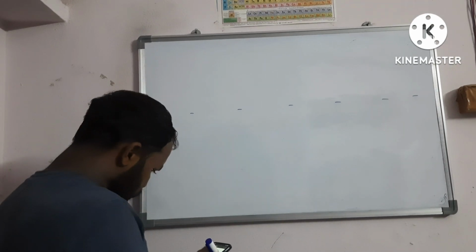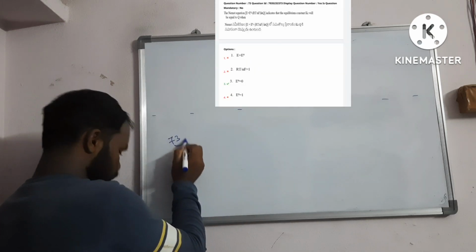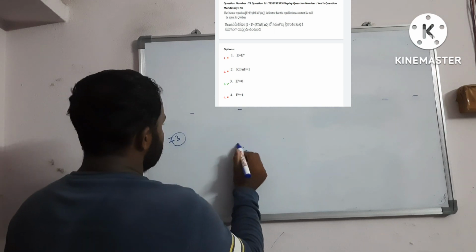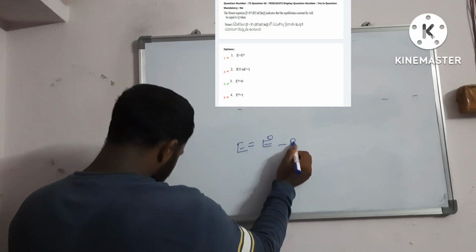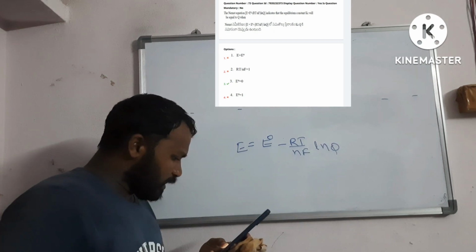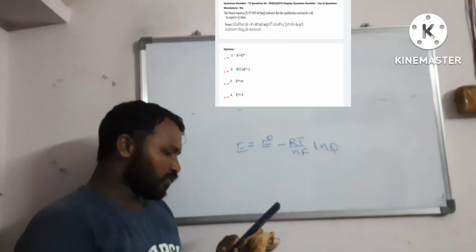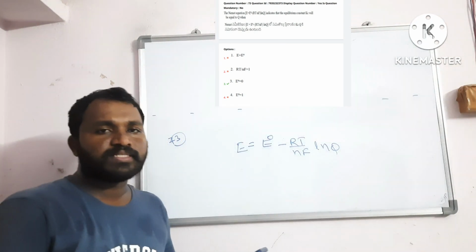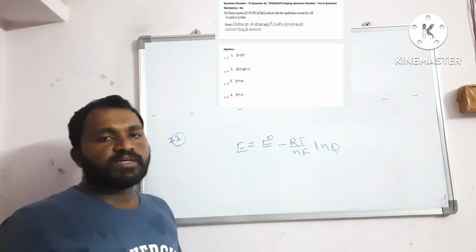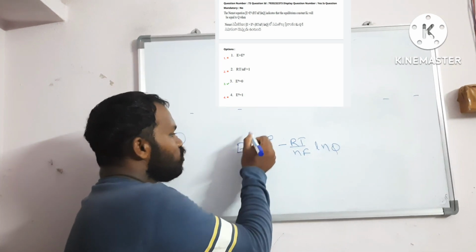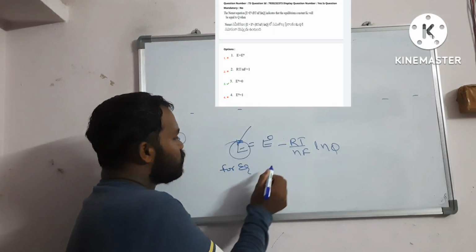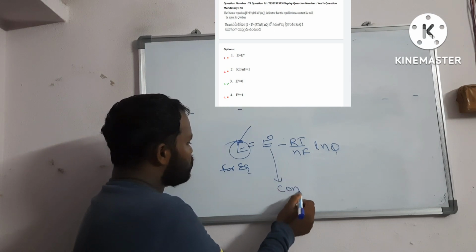Next, question number 73. The Nernst equation, E is equal to E naught minus RT by nF ln Q. Indicate when the equilibrium constant Kc will be equal to Q. This question was given wrong, because for an equilibrium cell, E cell is equal to 0, and for a concentration cell, E naught cell is equal to 0.